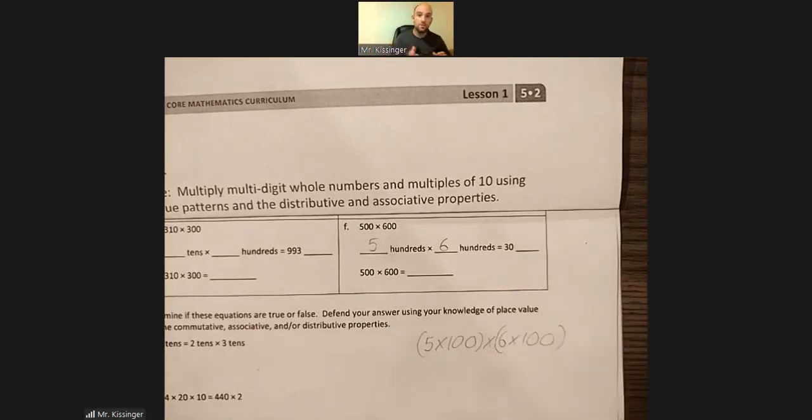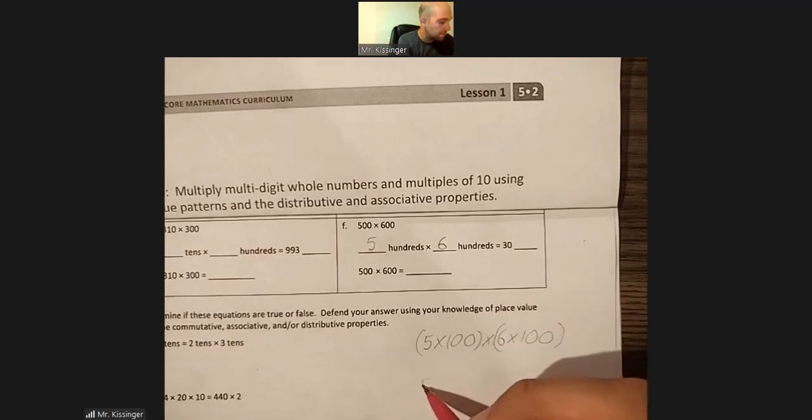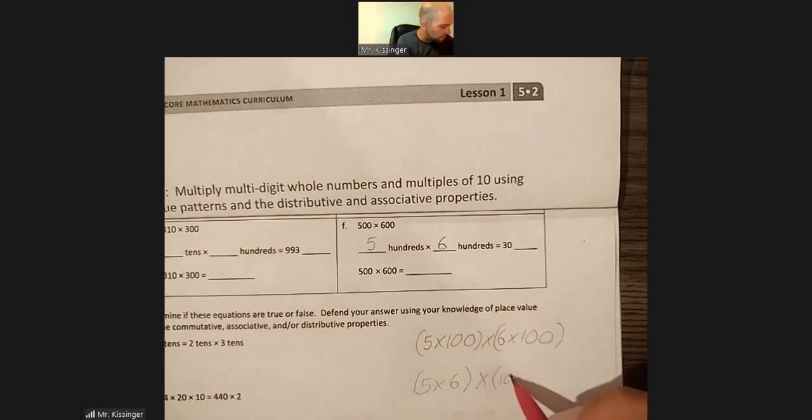Now let's move these around to make them a little bit easier for us. With two numbers, do we know the product? We do 5 times 6. And then we'll do 100 times 100.